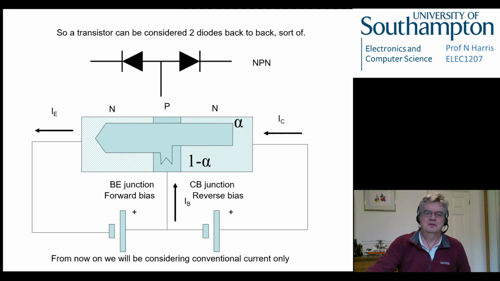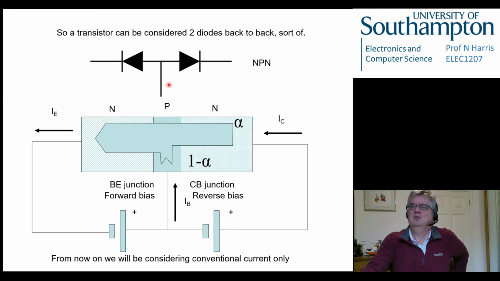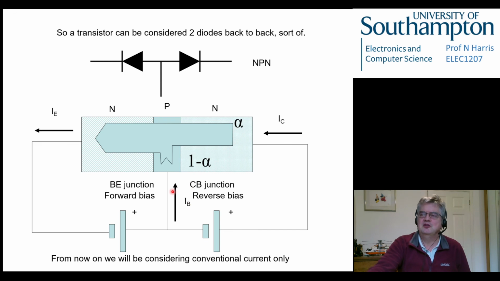So in summary then, we can consider a transistor as two diodes back to back, sort of. And we understand now, hopefully, that there's some magic going on here which makes it look like a current source, and there are alphas and betas associated with the transistor, and we just have to understand the nature of the alpha and the beta in terms of the quality of the transistor.